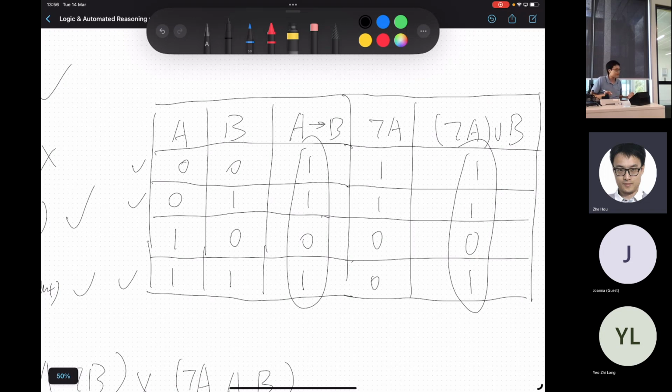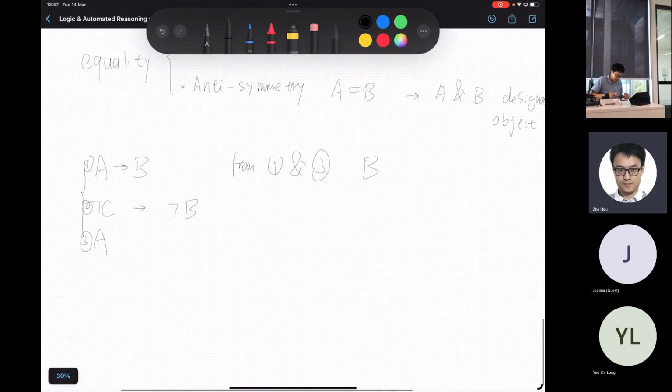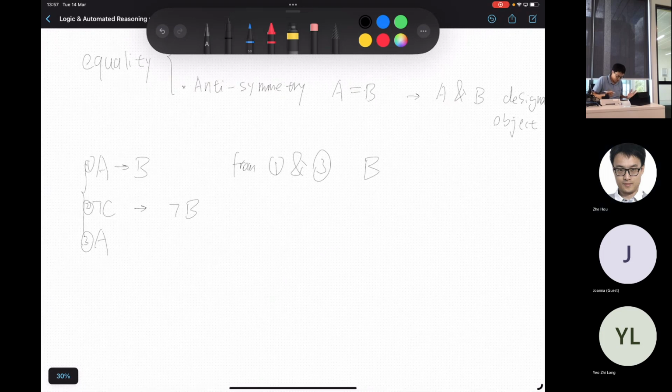And we know that A is true, so combining that, it must be the last row. What do we have in the last row? B is true. So we've established that B is true.